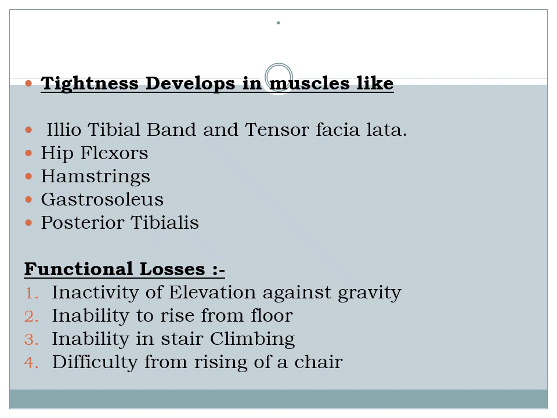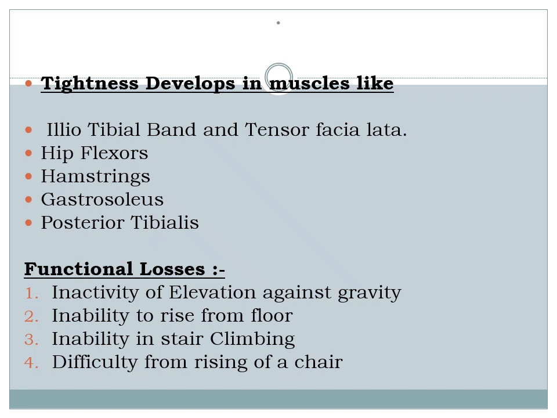Now there is inability in stair climbing and difficulty rising from the chair and rising from the floor. Inability to climb stairs is a difficulty due to weakness of the lower limb major muscles.